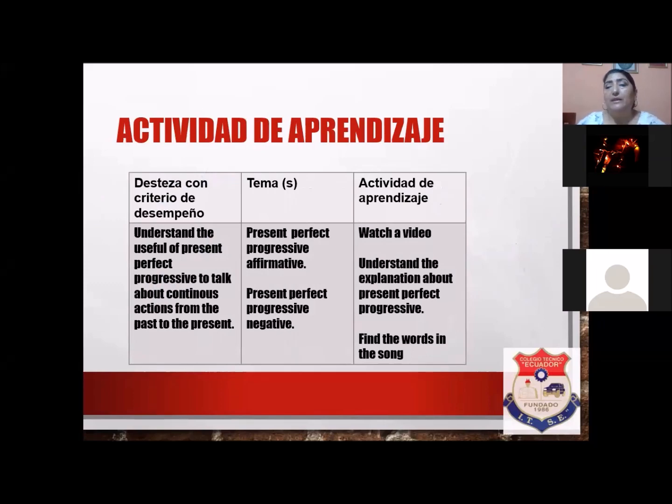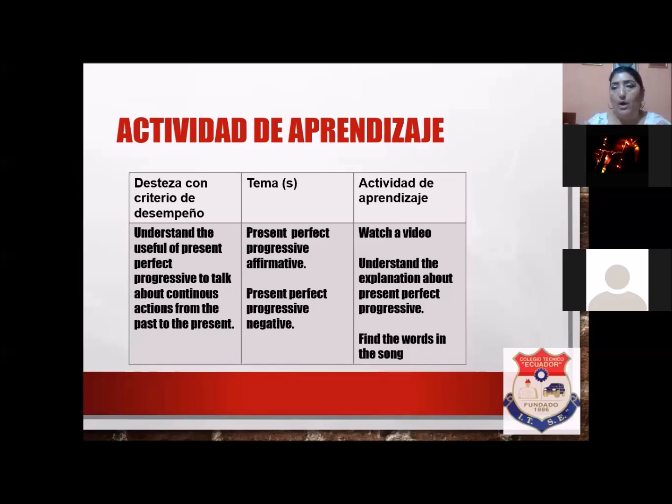The activity of learning for today is number one, the skill, la destreza: understand the use of present perfect progressive to talk about continuous action from the past to the present.